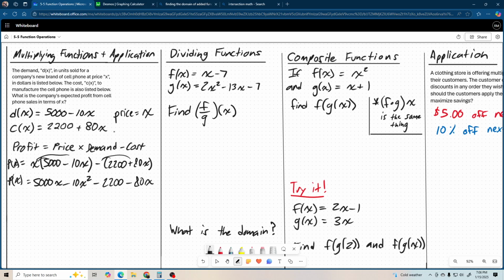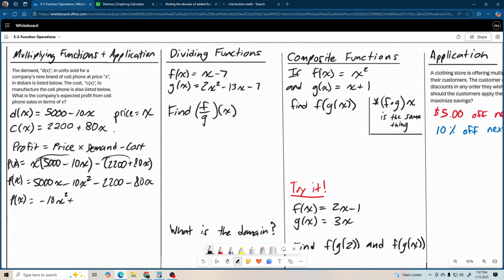And now we just have a bunch of things we're subtracting, so we can just combine like terms, right? So P of X equals, let's start with our X squared. So negative 10X squared. I see a 5,000X and a minus 80X. So we can just subtract those two, and 5,000 minus 80 would be 4,920, right?